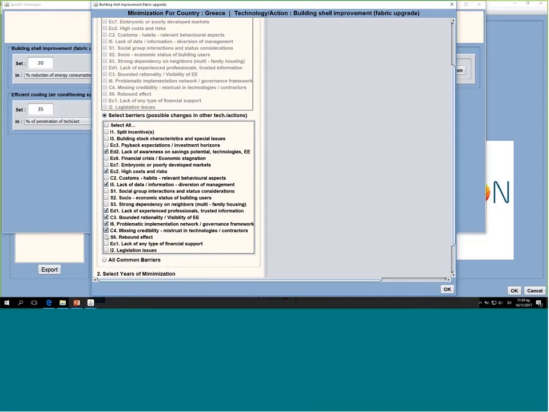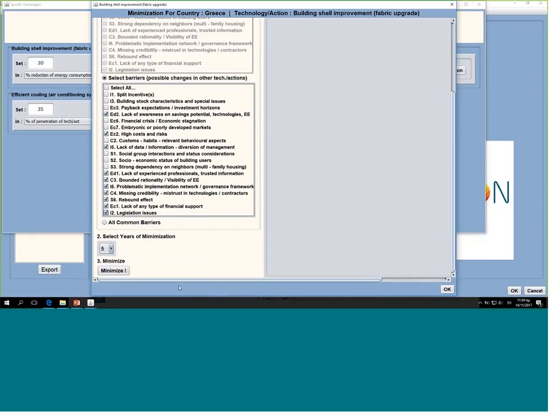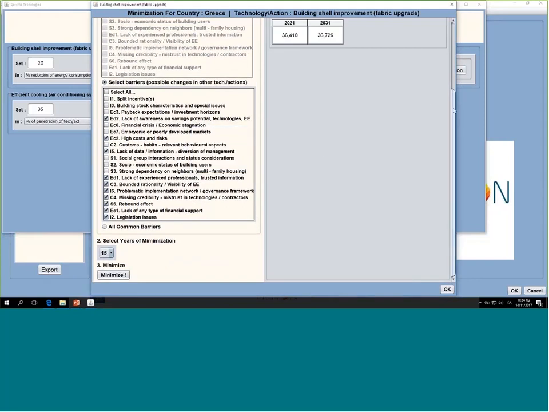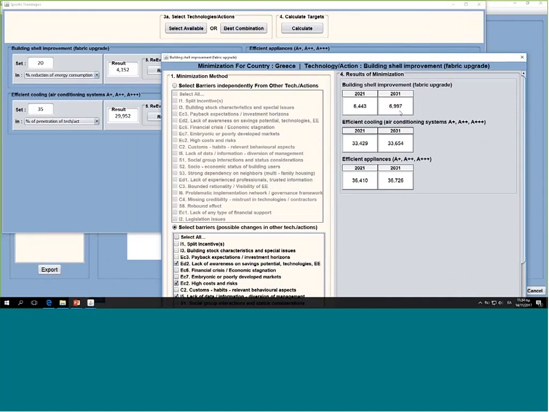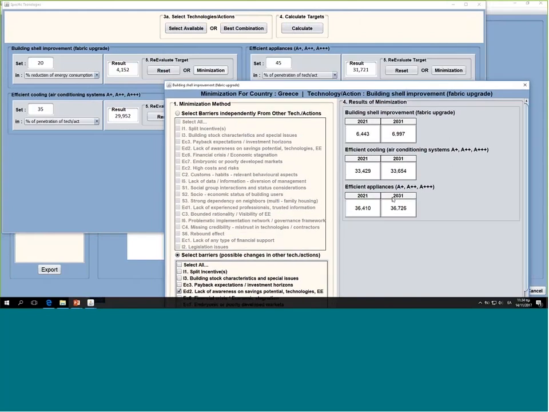I try to select the same barriers as previously. And minimization. Now you can see that we have almost 7 as previously, but now we increased in cooling a little bit more, and in appliances we reached 36.7.